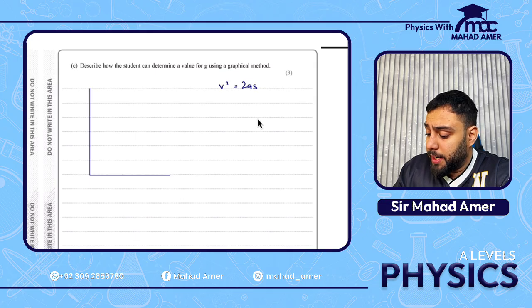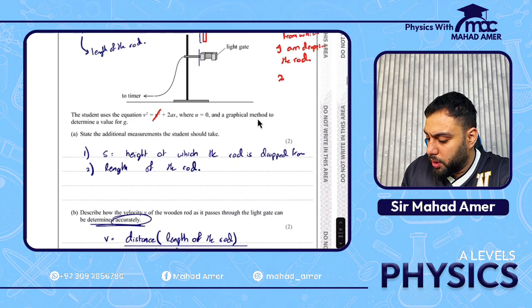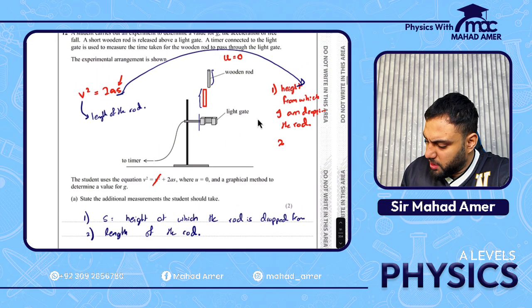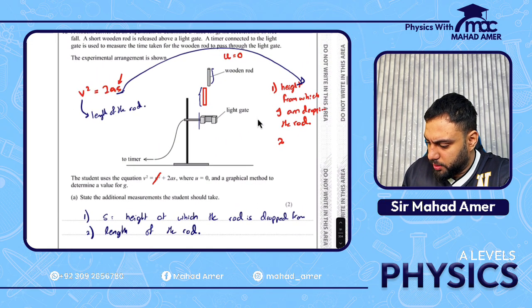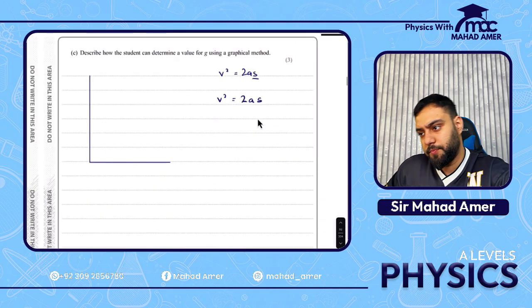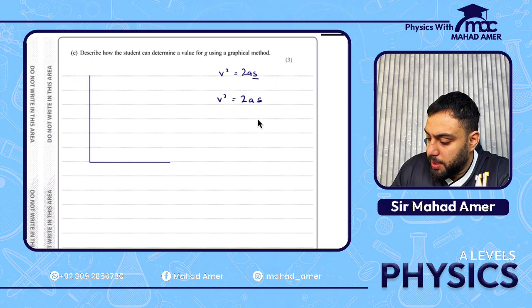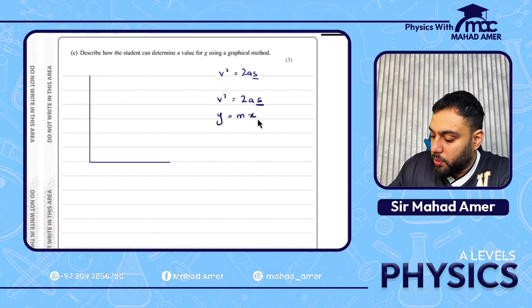Since I'm changing the length, which is called s, that's going to be on the x-axis, so it is of the form y equals mx. I can also write a as g because it's gravity.